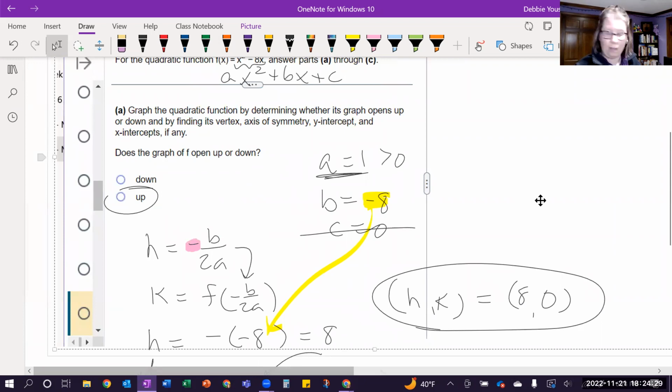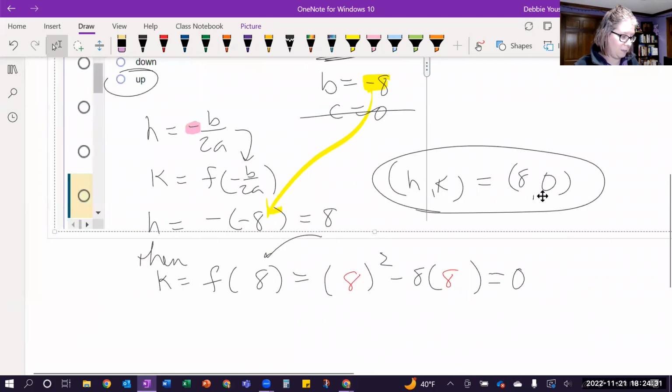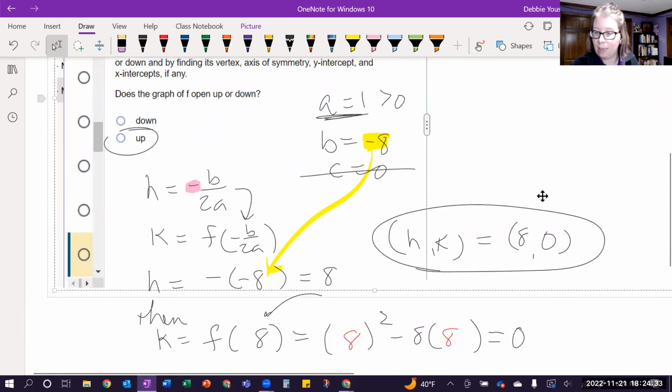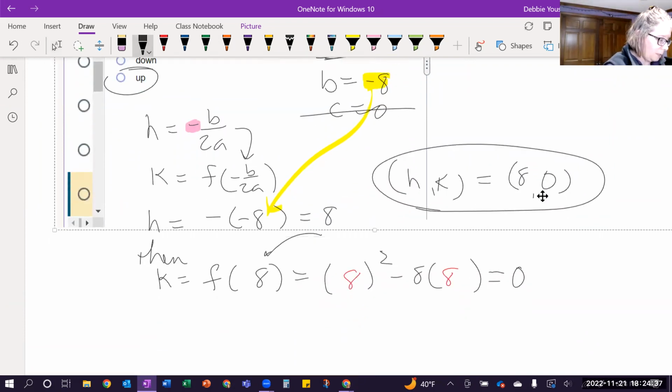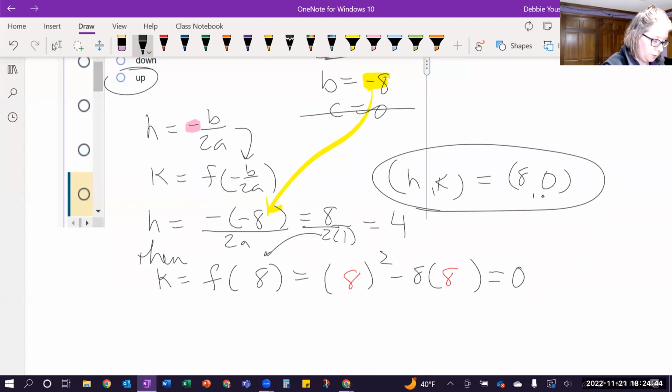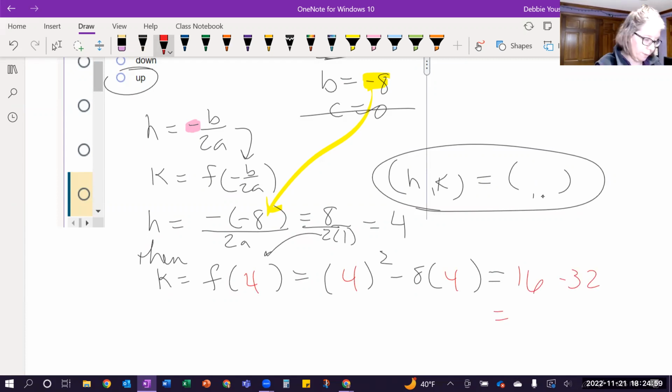So let me, oh, yep, I did not divide by 2a. Thank you, Steph. Yes, I see that here. 2a, so that's 2 times 1. And so that is 4. Let's try that again. All right, so we plug in 4 squared, 16 minus 32. Yeah, totally different point.